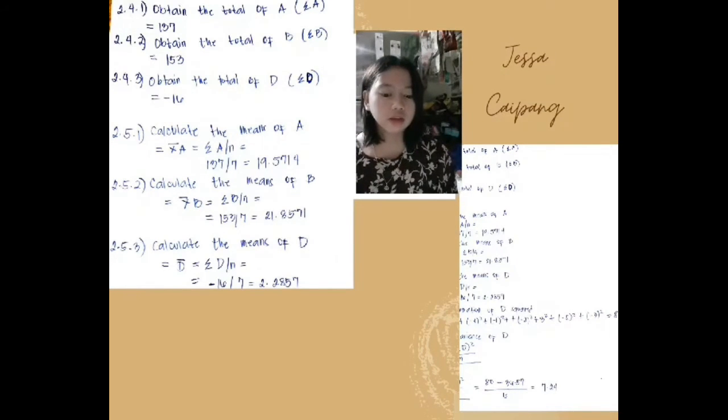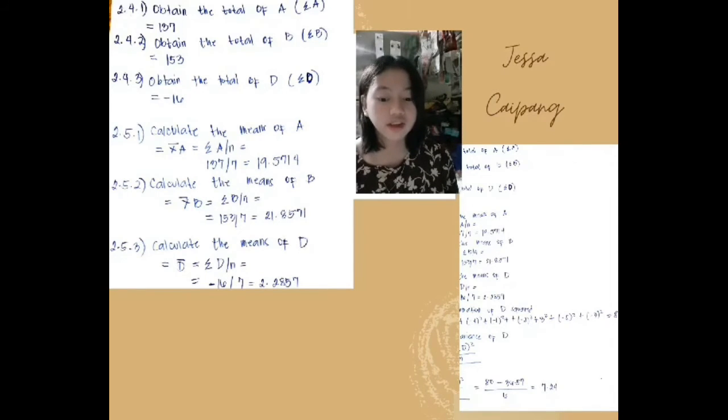And then calculate the mean of A. So x sub A is equal to the total of A divided by n. The total of A is 137, and we divide it by letter n, which is 7 students.